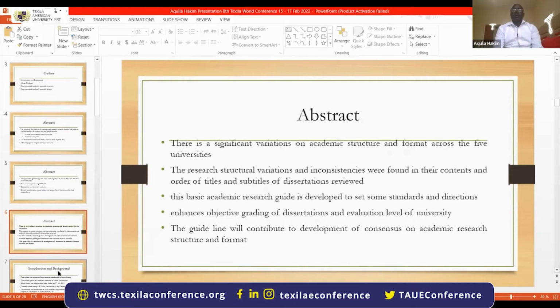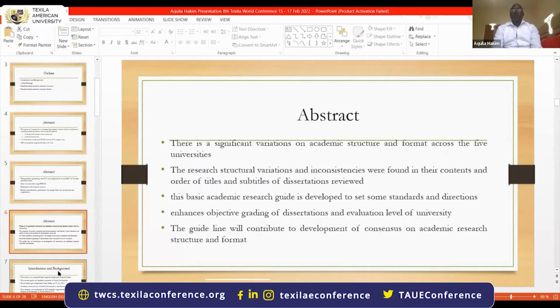These are some of the major findings. There is a significant variation in the academic structure and format across the universities. Structure variation and inconsistency were found in the contents and order of the titles and subtitles of the dissertations reviewed.